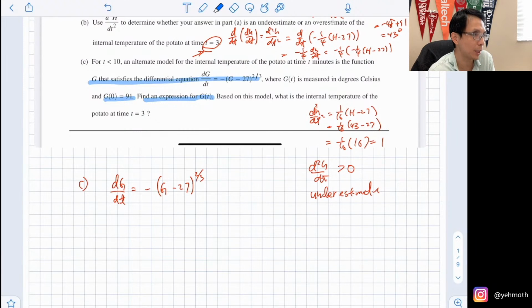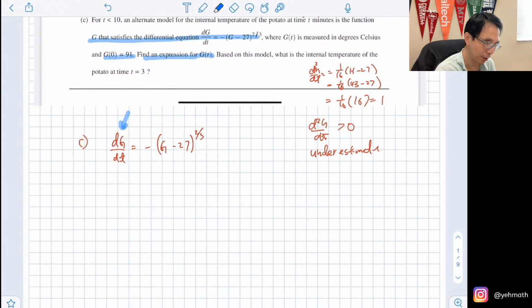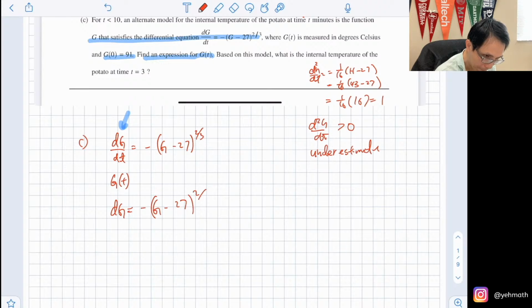In order to find G of t, you have to do what? Integral, right? Because this is given to you, then they say find G of t. G of t is the integral. So separation of variables. Divide both sides.